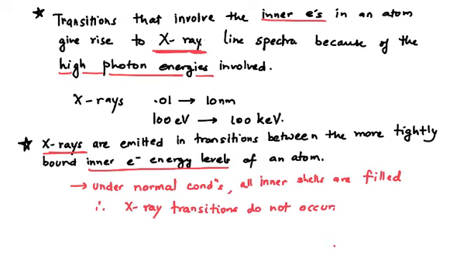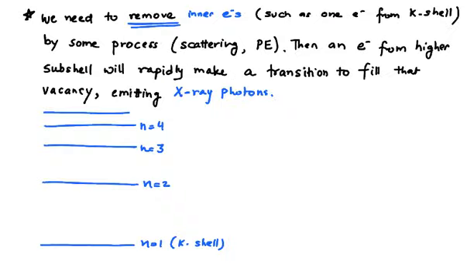Transitions means you have to have an electron missing from there so that electrons from a higher shell can go into the inner shell and can emit X-ray line spectra, right? So you have to first remove these inner shell electrons in order to observe such X-ray line spectra.